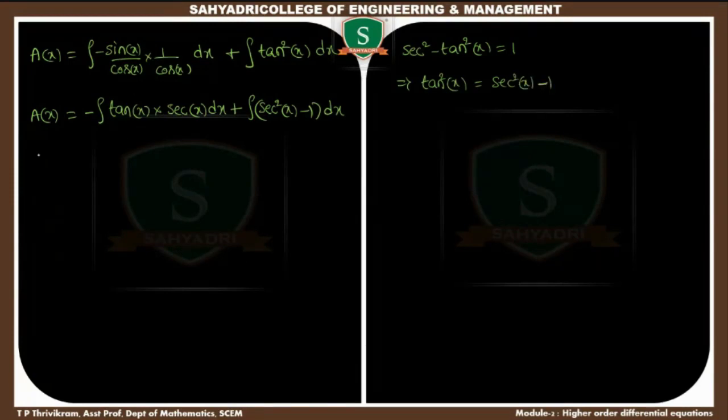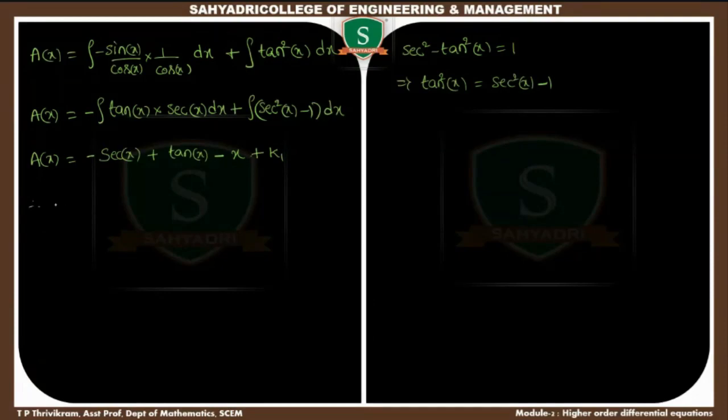Okay. So therefore, a of x will be this much: minus tan into secant, it is secant, plus integration of secant square x, so this is tan x, minus x. Okay, so this much we got for a of x, plus k1 you can write.